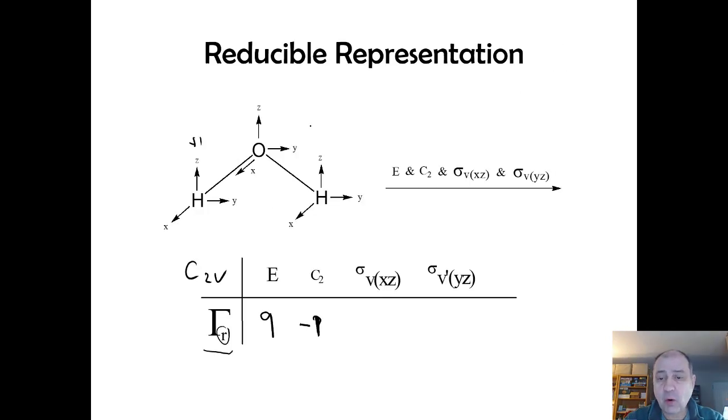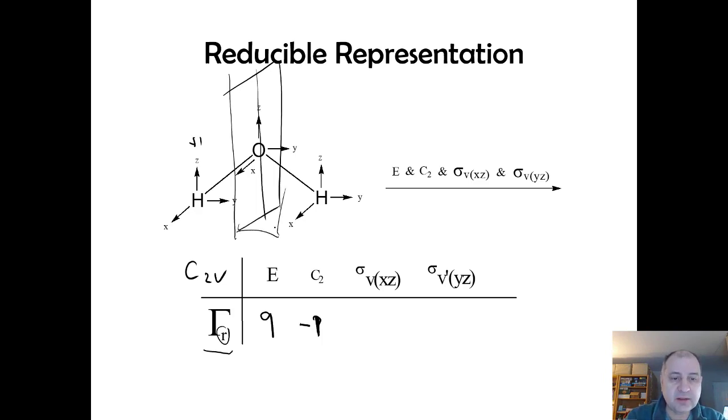Now, for the 2 mirror planes, we need to distinguish between the xz and the yz. The xz plane is the one that goes through here, but not through the hydrogen atoms. So it just cuts through here. I have a hard time with it today, but it's the one that comes right at us and goes through.